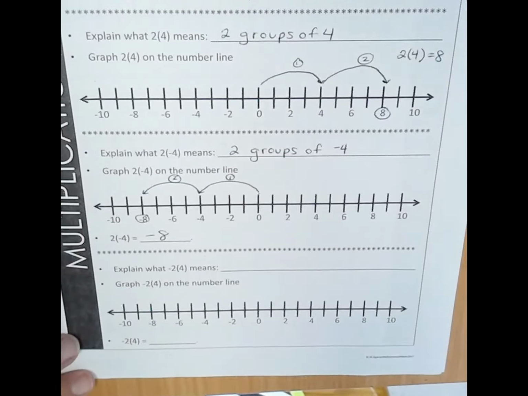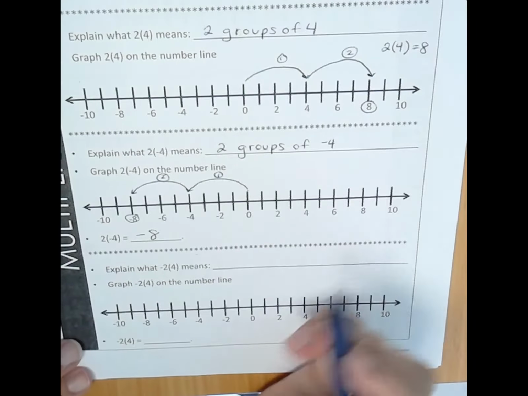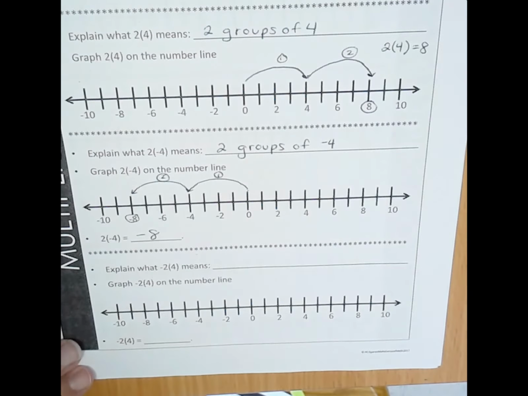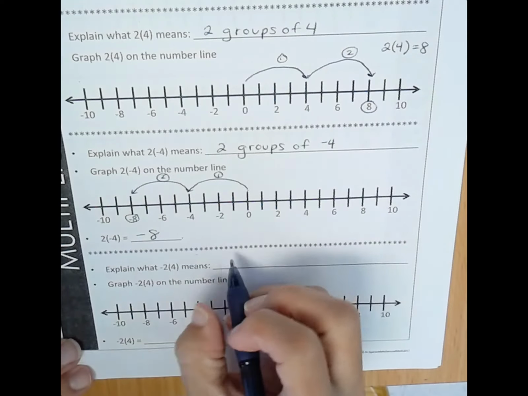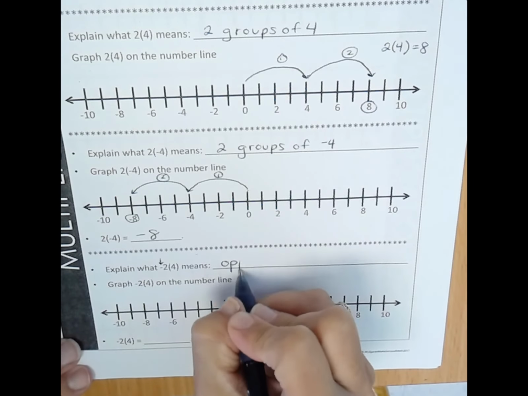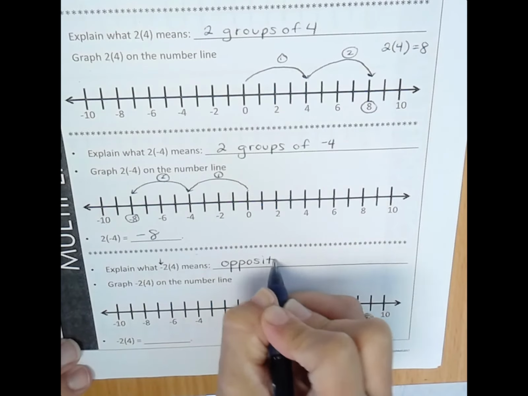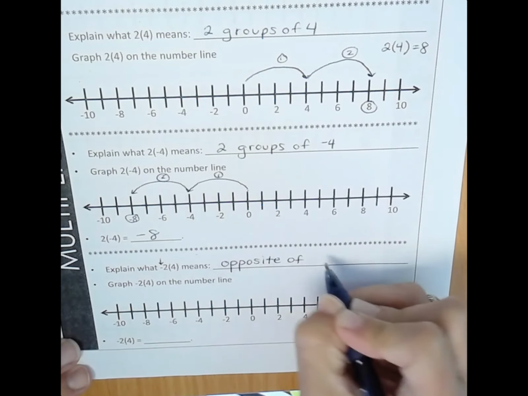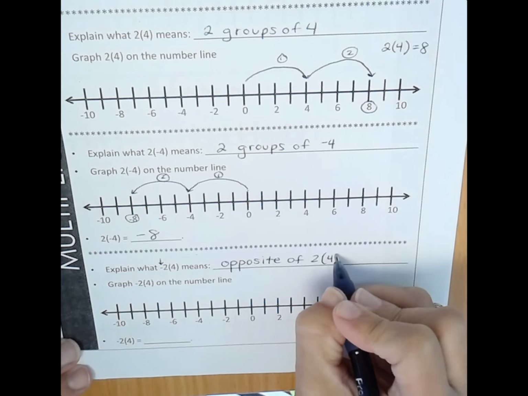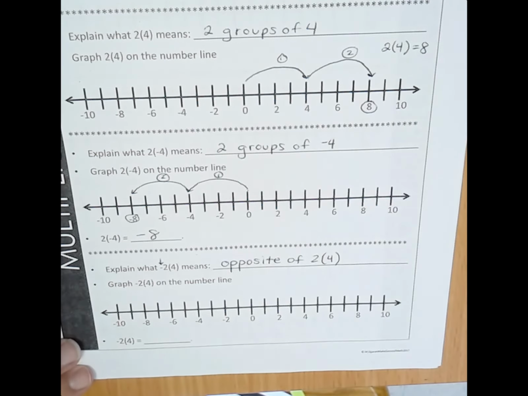Okay, last example says explain what -2 times 4 means. This time we're going to use that little negative sign to mean the opposite of 2 times 4. So the opposite of 2 times 4, I'm going to use a highlighter here to show you.